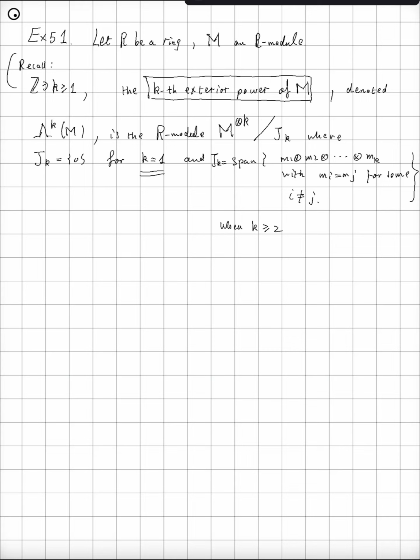A notation: for m1, m2, ..., mk elements of this R-module M, the coset of this tensor product in the quotient is denoted by the wedge.